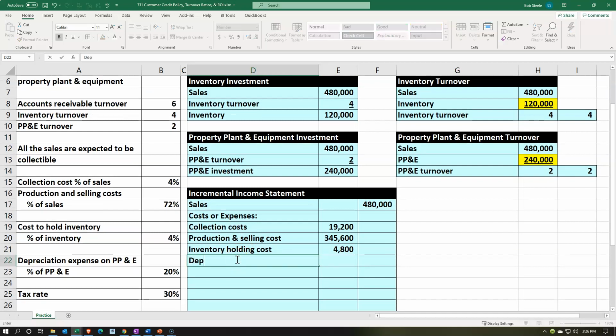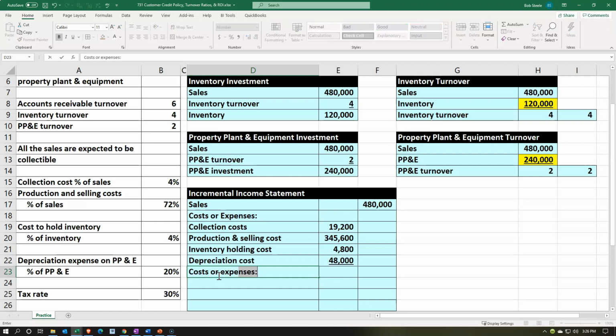And then we have the depreciation expense or cost, which is going to be equal to the cost of the PP&E, the depreciable assets, the 240,000 times the 20%, which is the amount we're going to depreciate. And so there we have that. We're going to go to the Home tab, Font Group, and Underline.